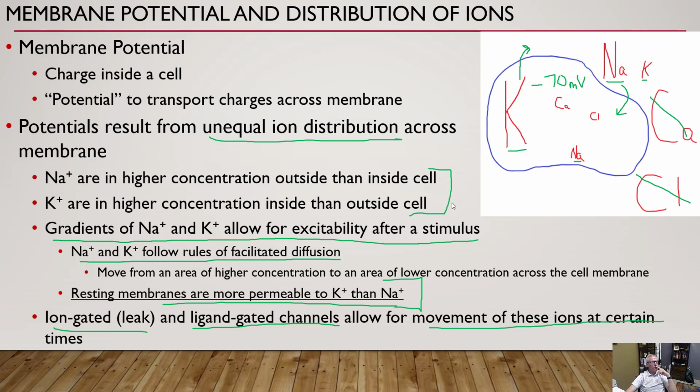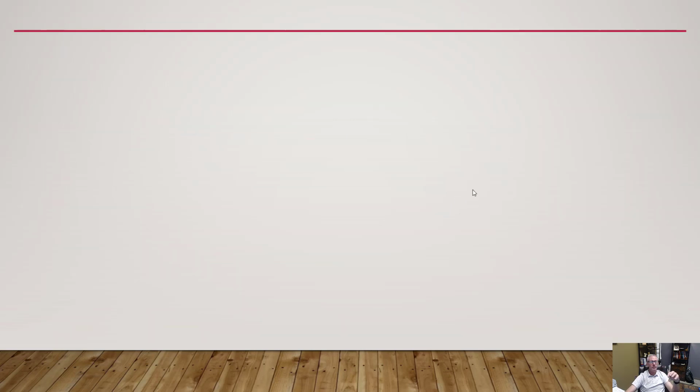All right, so you don't have to worry about the math, but I just want to give you the concept behind why resting membranes are more permeable to potassium than to sodium. So I'm just going to draw my cell real quick here. Sodium versus sodium.